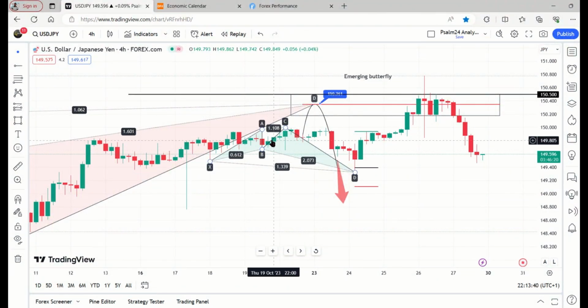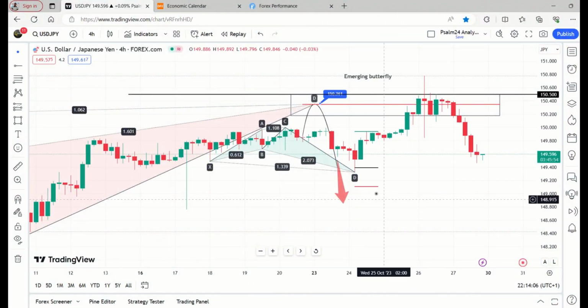So when we saw this crab, we knew that the market still was going to go up, and so we defined this was the entry point, this was the exit, and this was the target for us. We knew it was going to go up because we've seen this emerging butterfly. One thing about the harmonic pattern is that it will not go up immediately. It may first dance around, come down before coming up.